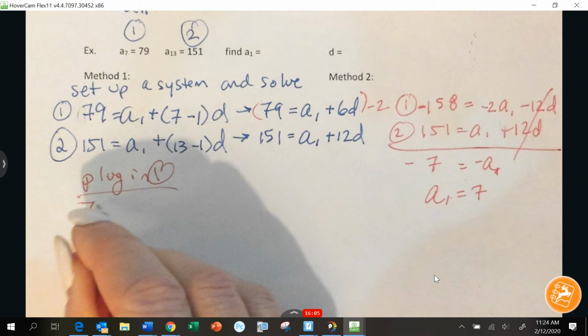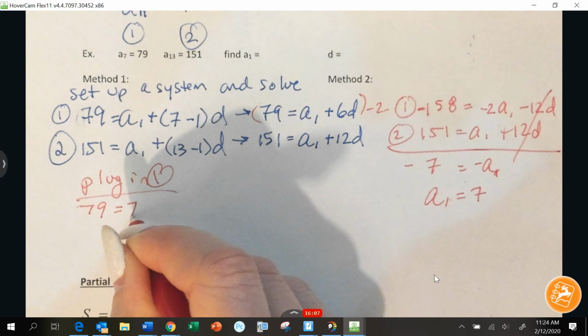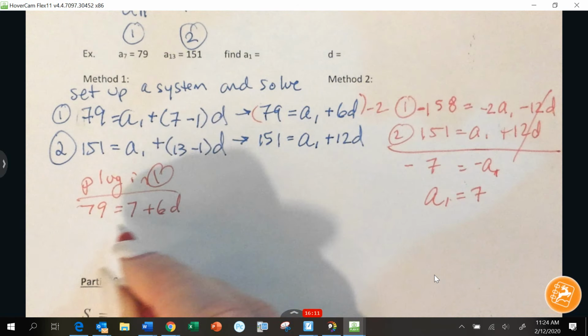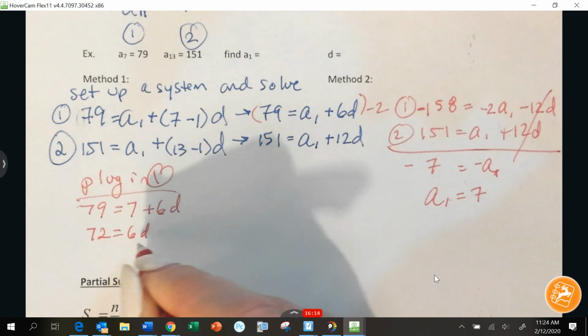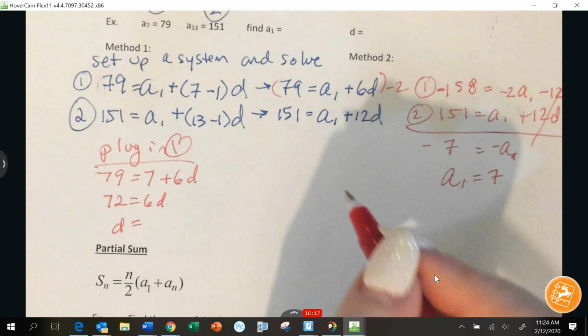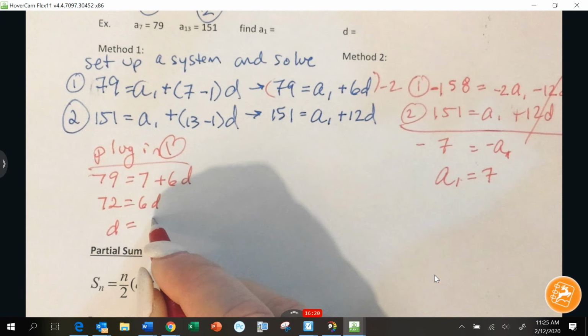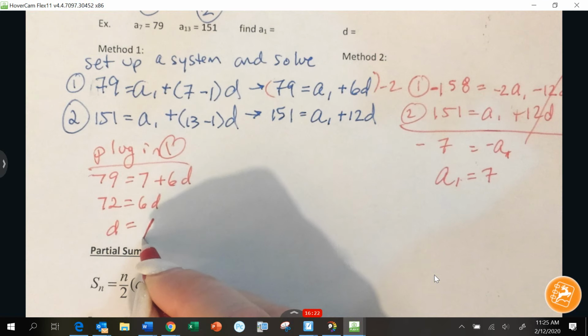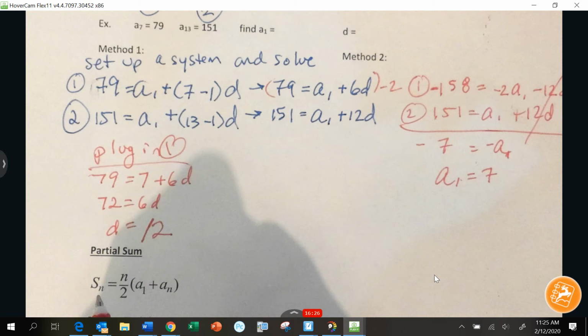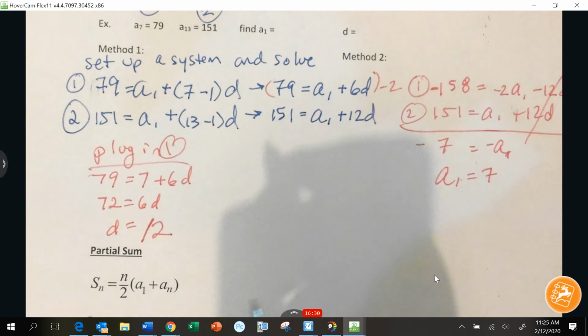So 79 equals 7 plus 6d. So 72 equals 6d. Divide by 6. d is 12. Are we done?